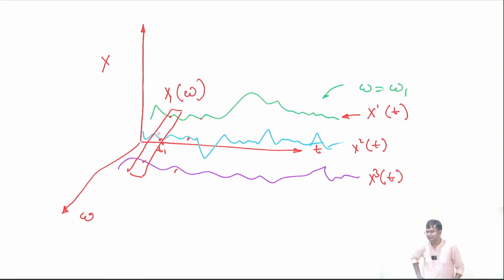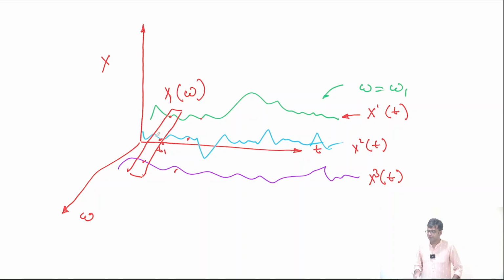Each sample is a function that changes with time. Now, if I fix time, I will get random variables and all the samples of random variables. And this one is the magnitude. So this is the mental picture that you should develop when you hear the term random process.